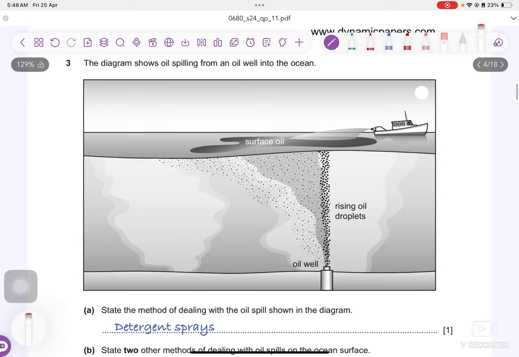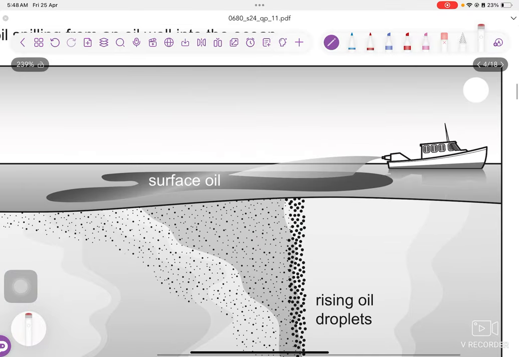State the method of dealing with oil spilled from the diagram. They want us, like already the deed is done, okay? The oil is there, and they want us to see how we're gonna deal with that oil. First things first, you have to spray detergents, okay?